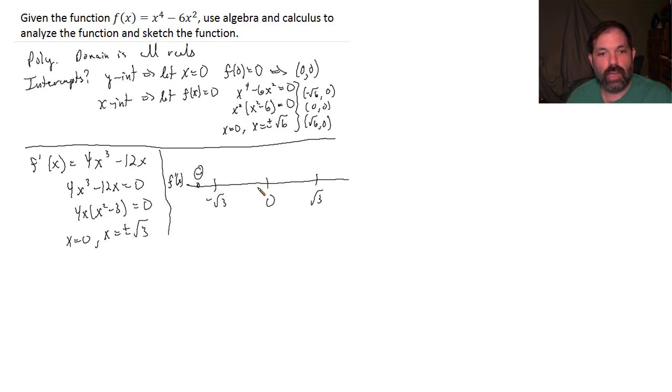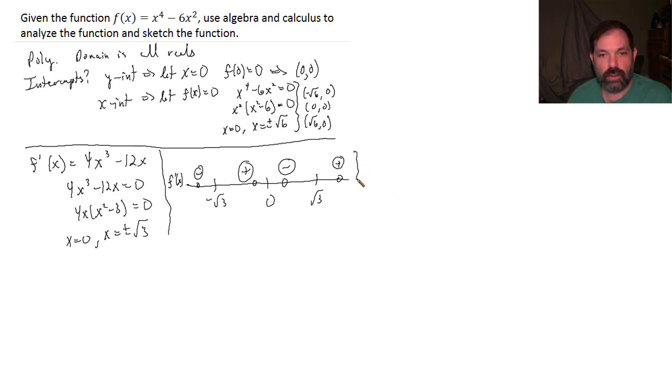Between negative root 3 and 0, testing at negative 1. That would be a negative times a negative, which is positive. Testing a number between 0 and root 3. How about 1? 4 times 1 is 4. 1 squared minus 3 is negative. That would be a negative. And then finally, testing a number greater than root 3. How about 2? That would be 8 times 1, which is positive.